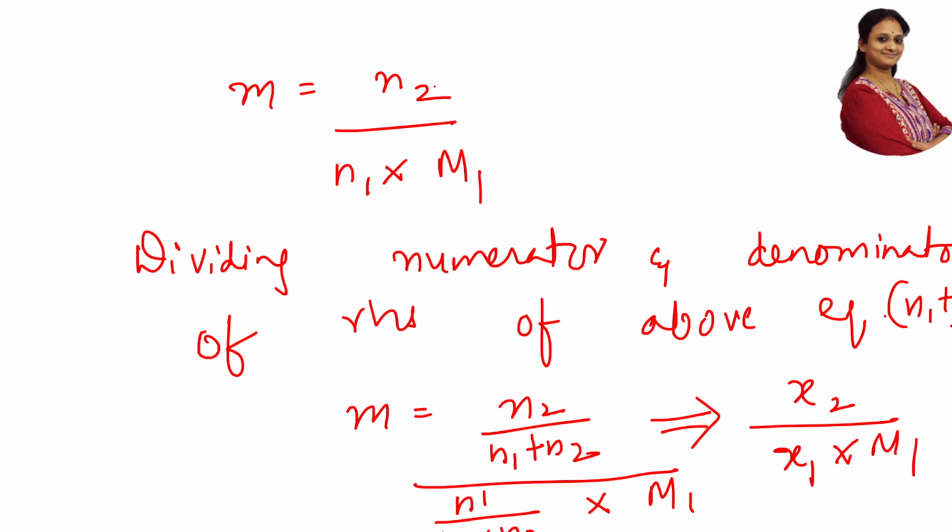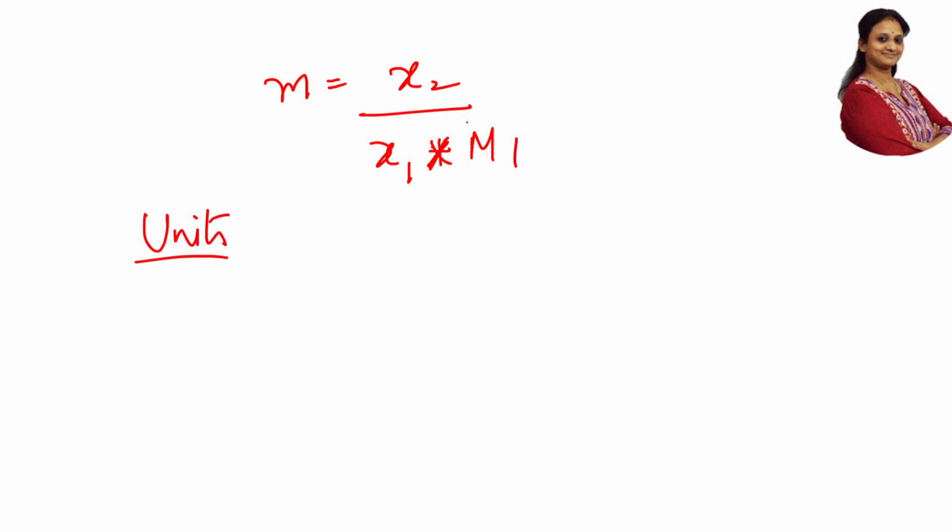Now let us finally put it together simply. Molality is equal to X2 by X1 into M1. Correct? Now you tell me, I have to write the units for this. How do I write it? Mole fraction is simply unitless, or dimensionless rather.